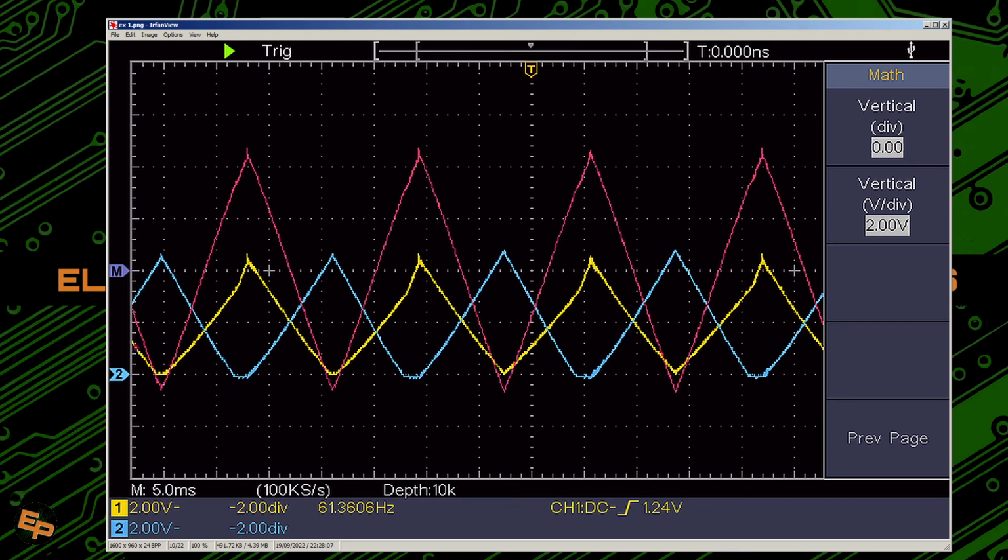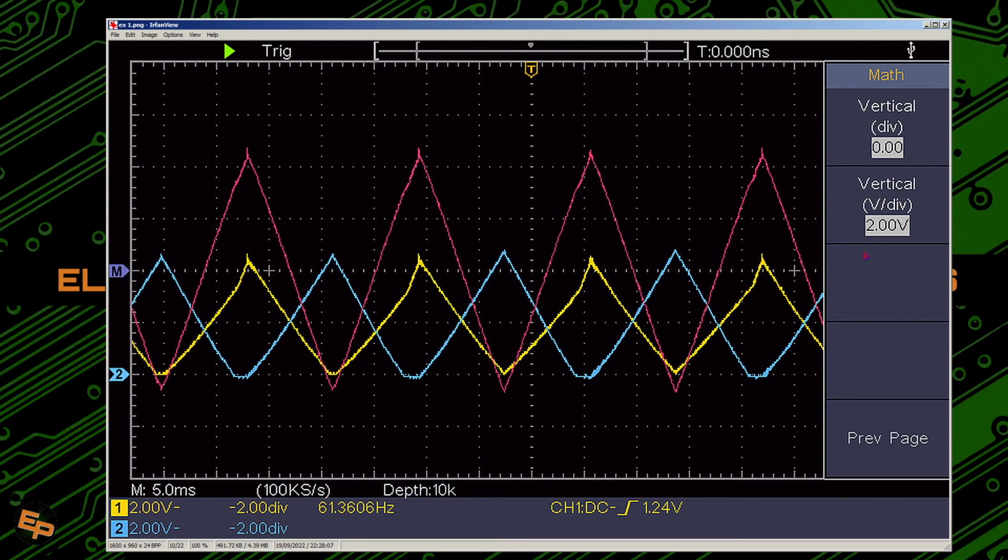We have the yellow and blue waveforms, the 2 output channels of my circuit, that are pretty much in opposition of phase, and they are a bit distorted, it is true, but overall if we calculate the difference we see the magenta waveform, which is an actual triangle wave. It's not a perfect triangle wave because my signal generator is not perfect. It has various imperfections, but we'll get over that detail.